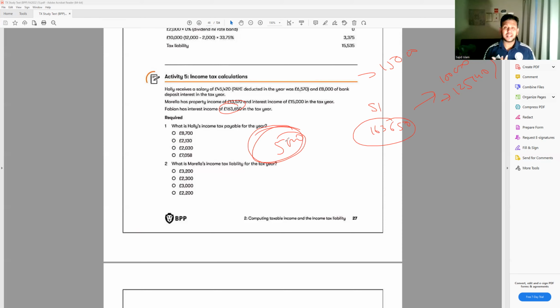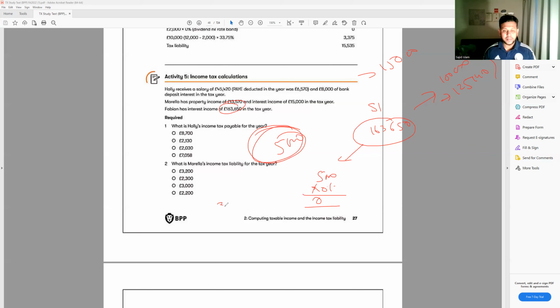It's called starting rate savings income. So from the 163,000, the first 5,000 multiplied by 0 rate. I'm not going to pay any tax on this amount because I have the full amount. It's a starting rate.